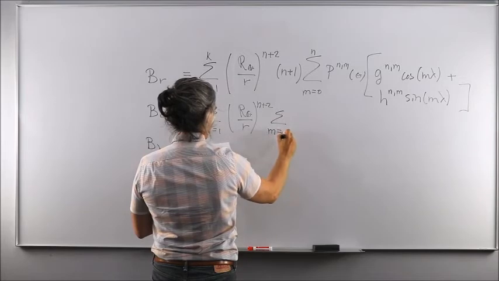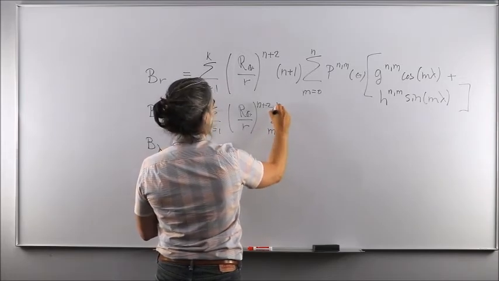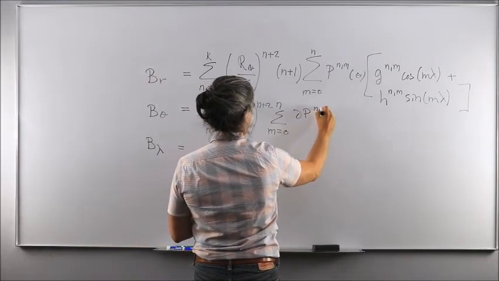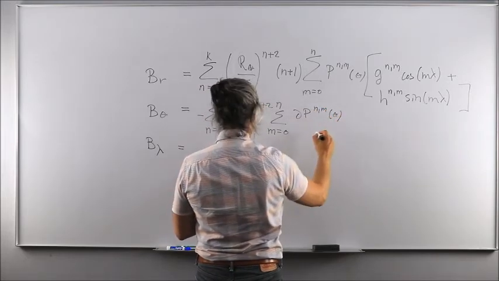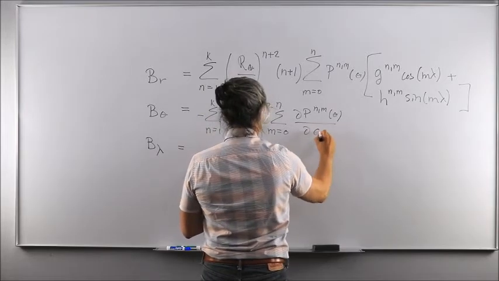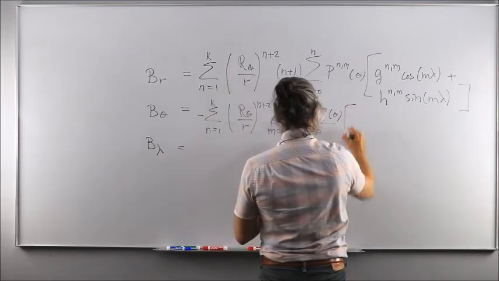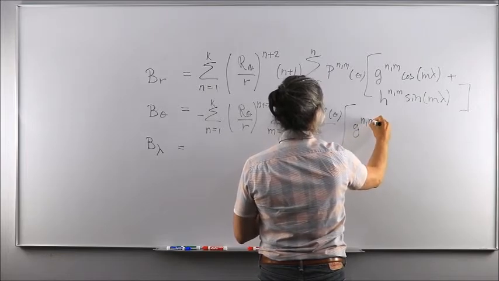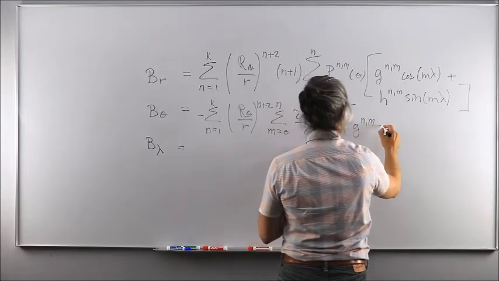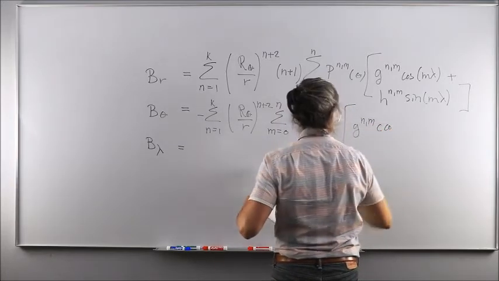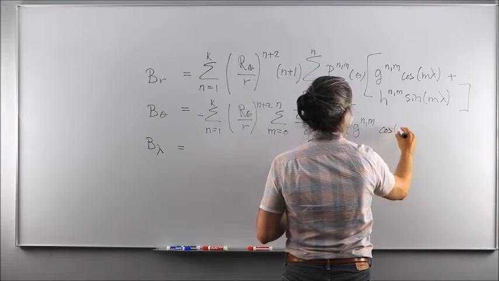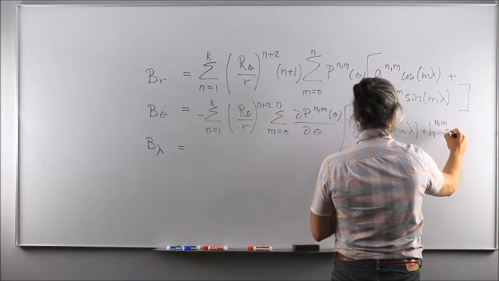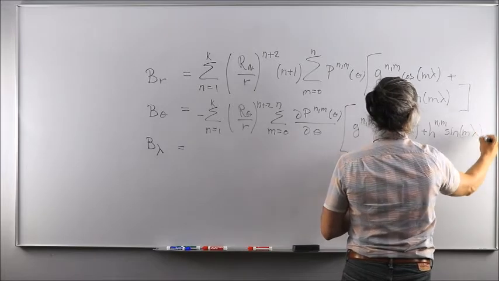Then the summation of order m from 0 to n of the partial derivative of the Legendre polynomial, a function of co-elevation, with respect to the co-elevation itself, times this coefficient g of degree n and order m, which has been Schmidt normalized, times cos m lambda longitude plus h_n^m sine m times longitude, like that.